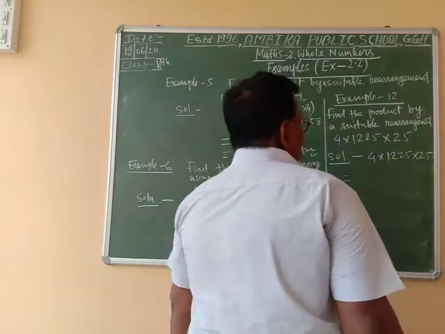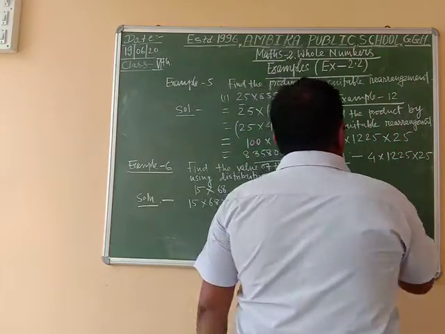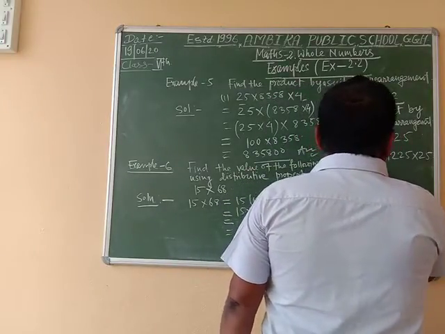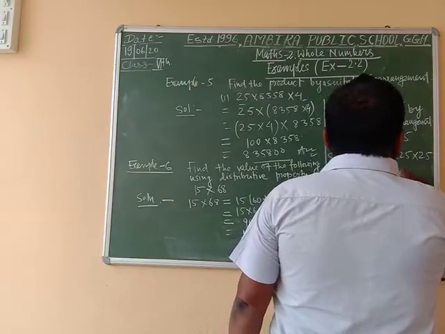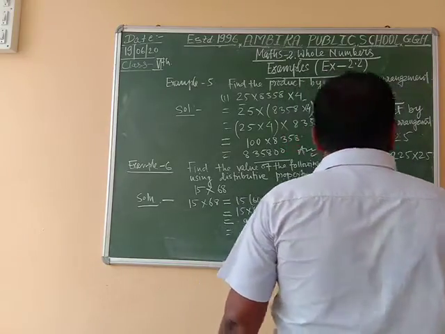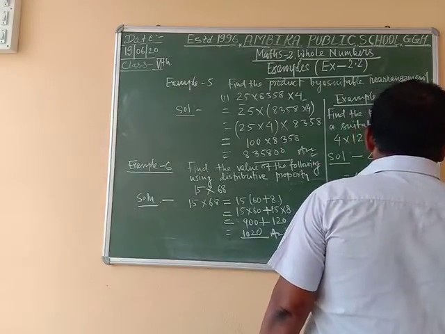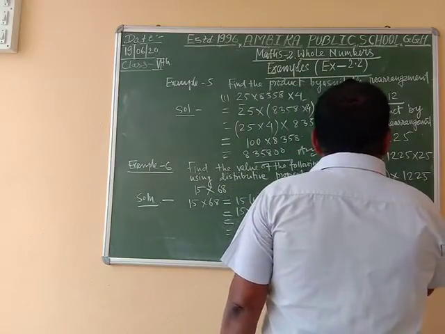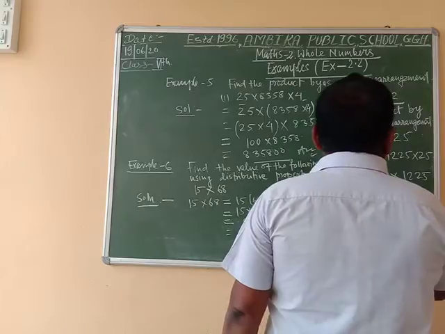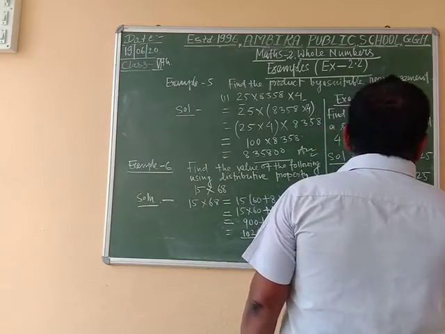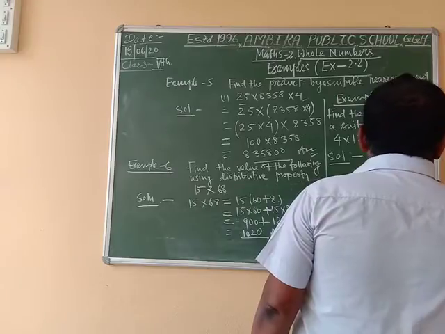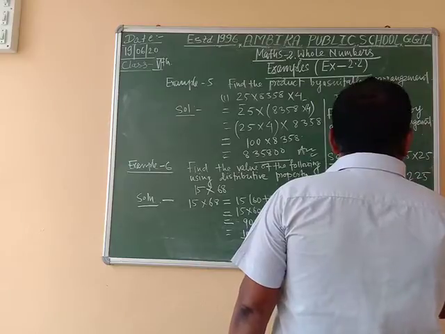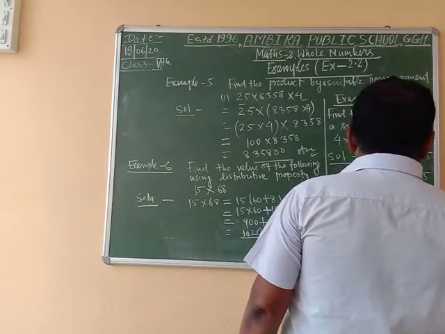You can write 4 into 25 in a bracket, and outside the bracket we write 1225. Multiplying 25 by 4, we get 100. We have 100 into 1225. After multiplying, the product is 1225 with two zeros.